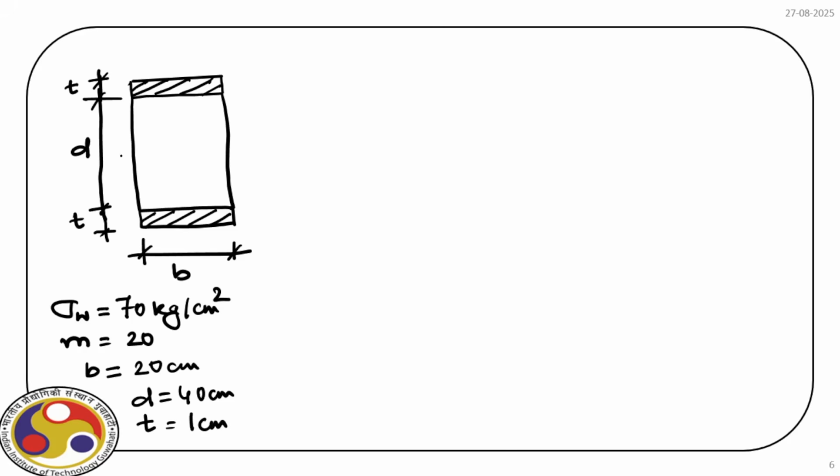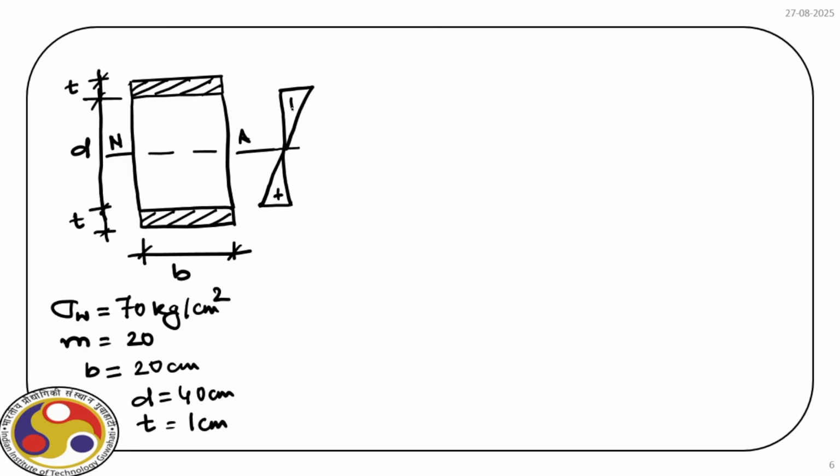Right? Again, it's a symmetric cross section, so we'll have the neutral axis at the middle. And then we can draw a stress block for the wooden part.